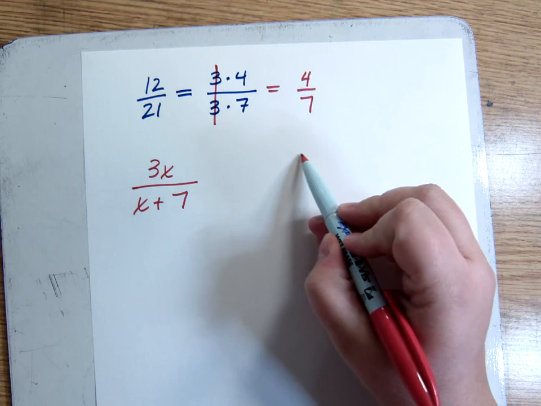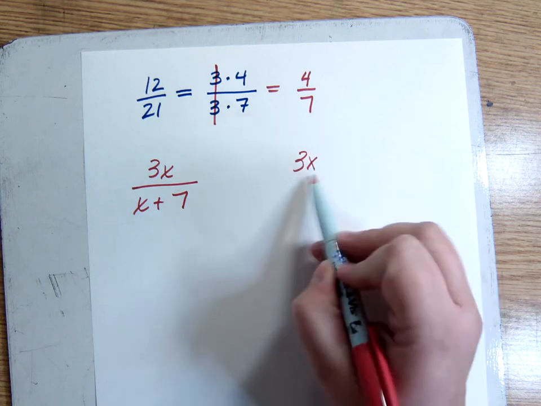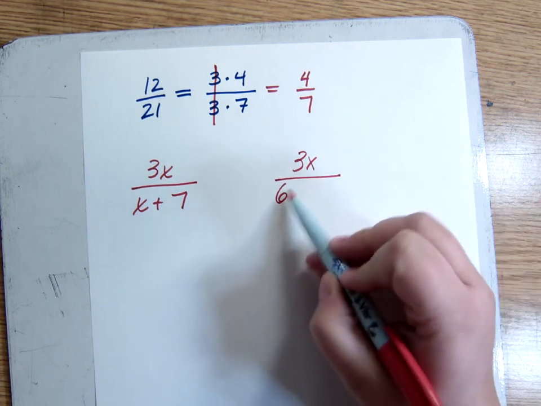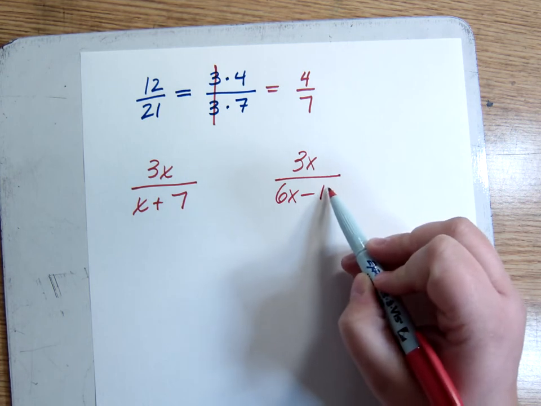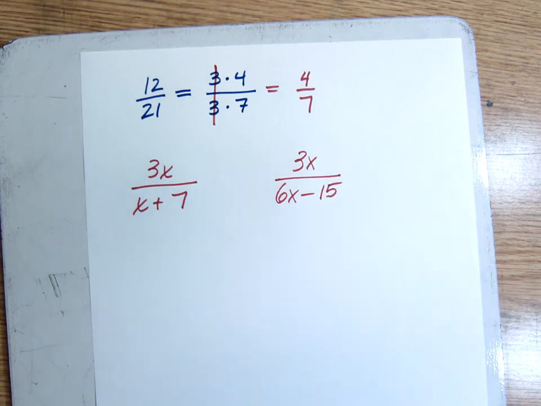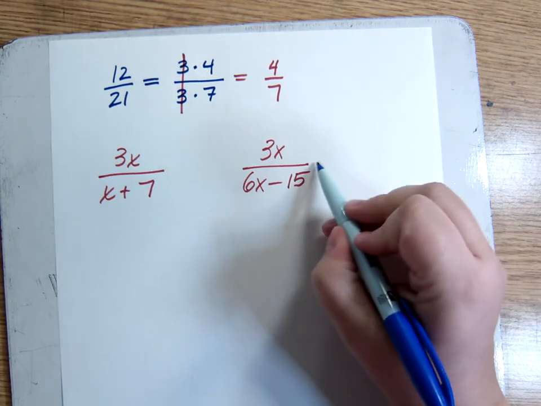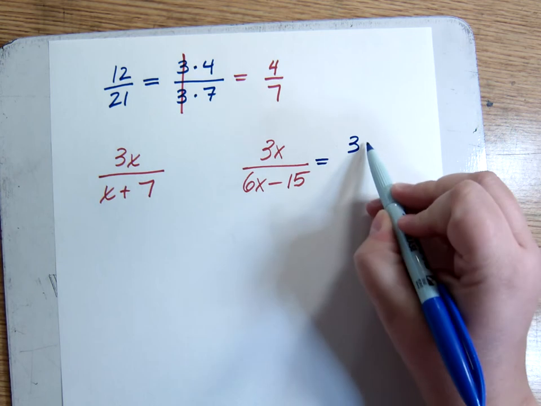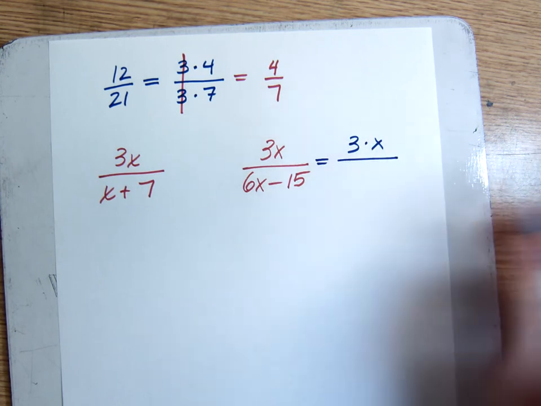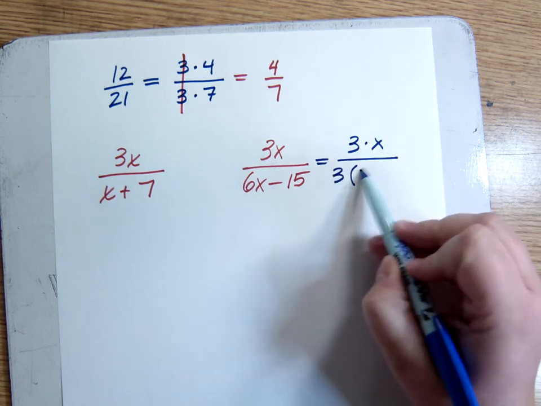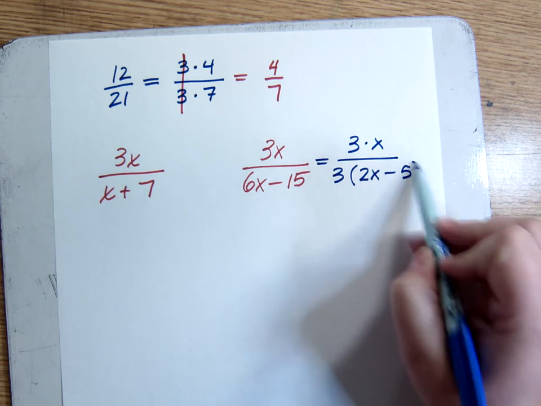If instead it was, let's say, this, okay? Now I could say, okay, I see that 3 goes into all of these things. I'm a little attached to 3 right now, apparently. So this is 3 times x on top, and in the bottom it's 3 times 2x minus 5.